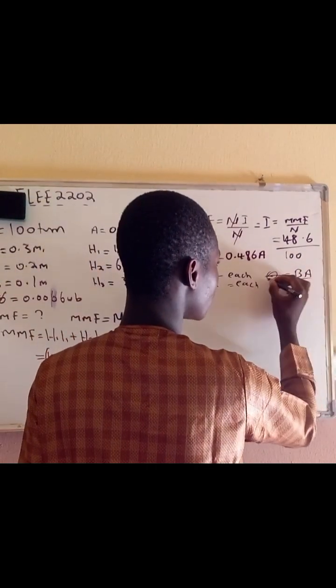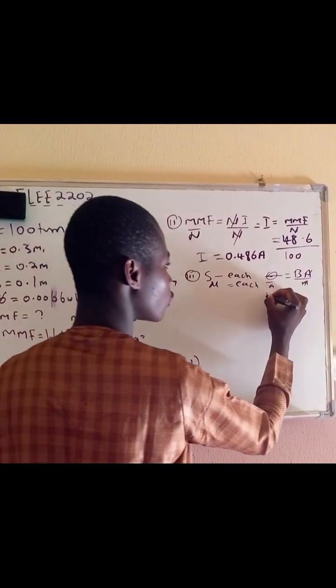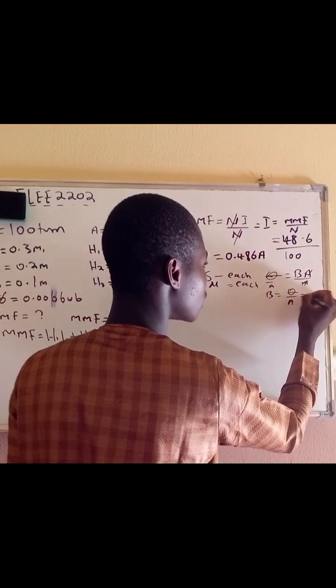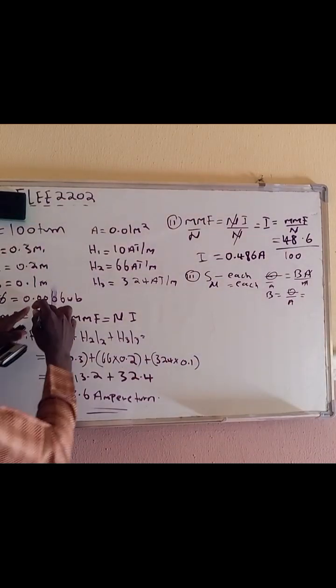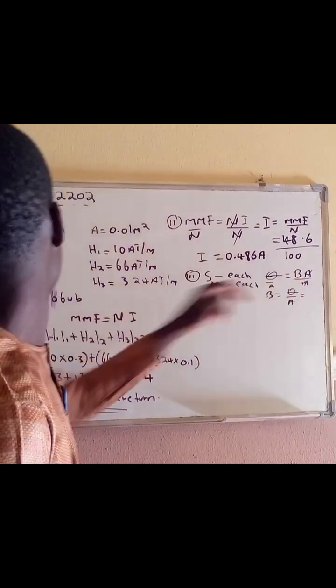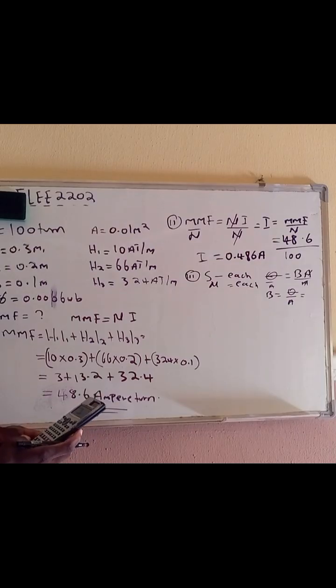So we divide both sides by A, and A will cancel A. So therefore the magnetic field will be flux over A. So our value of flux is 0.0006 divided by our area, 0.01.